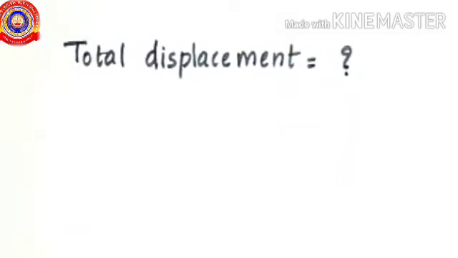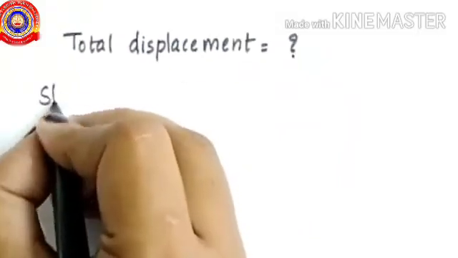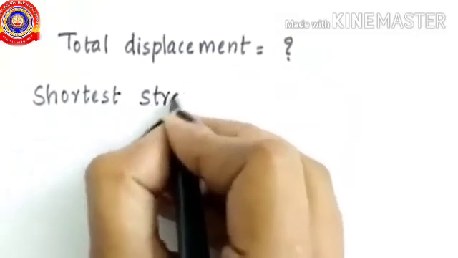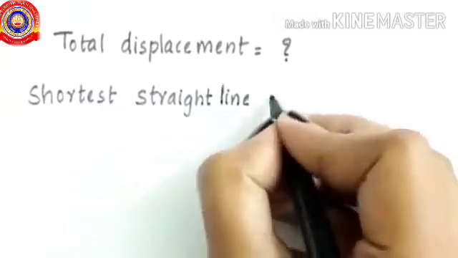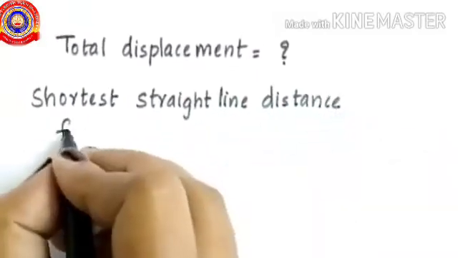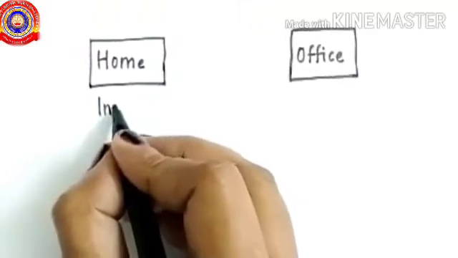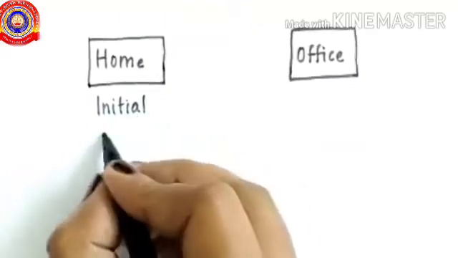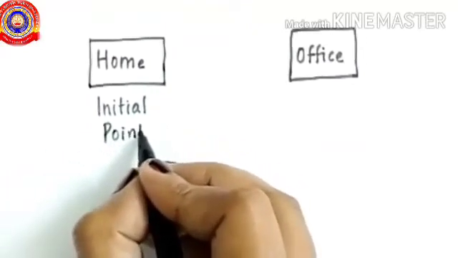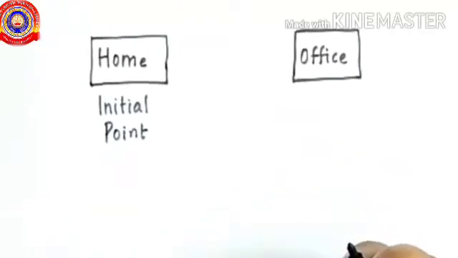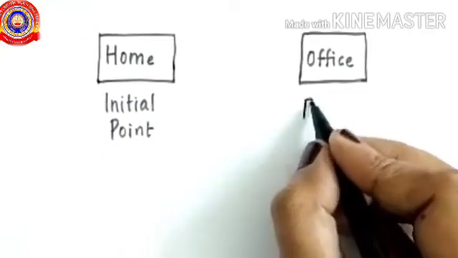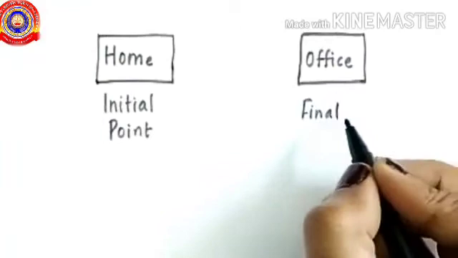Shall we move to displacement? Displacement is the shortest straight line distance between initial and final position of a body. Suppose he travels from home to office, then home is considered as the initial point and office is considered as the final point.